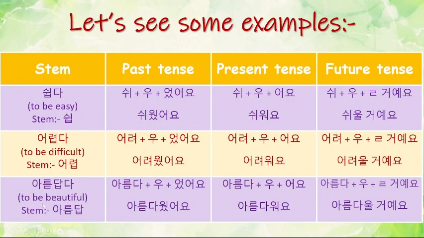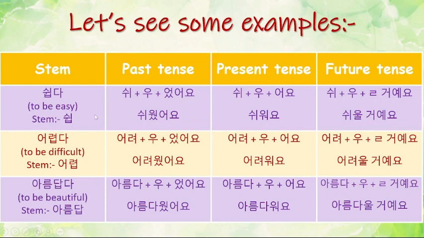Here I have taken a few adjectives and conjugated them in the past, present and future tense in the informal form of conjugation. Now first one is the adjective 쉽다, which means to be easy. You can notice that the stem ends in Piep. So Piep irregular will be applied over here.